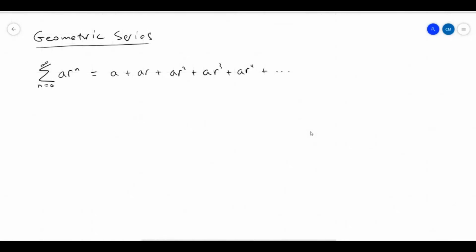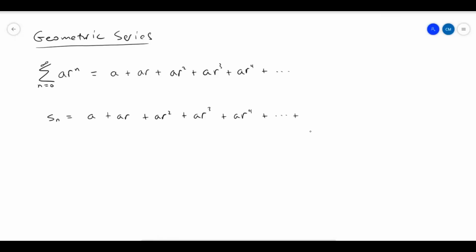Now, how could we possibly go about finding the sum of such a thing? Well, let's see. What is S sub n? This represents the nth partial sum. So this is the 0th term, and then the first term, I'm just going to copy what I've already written up there.